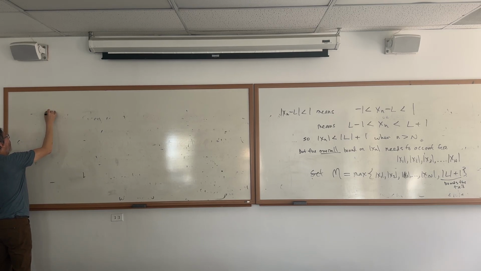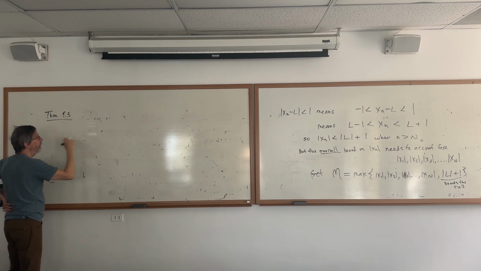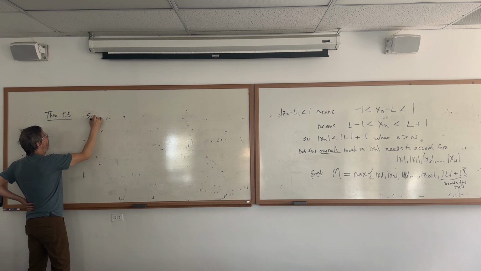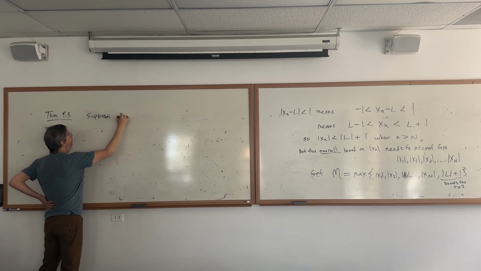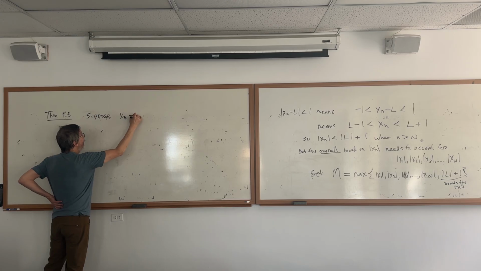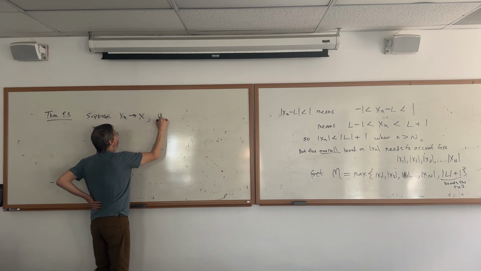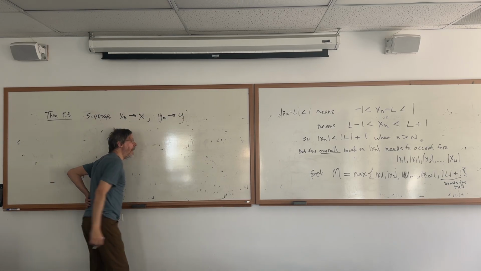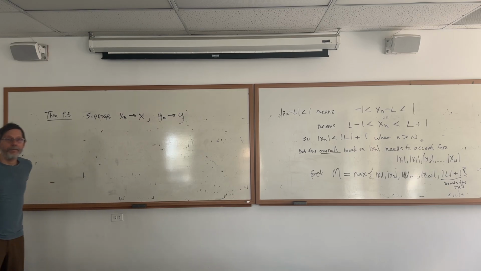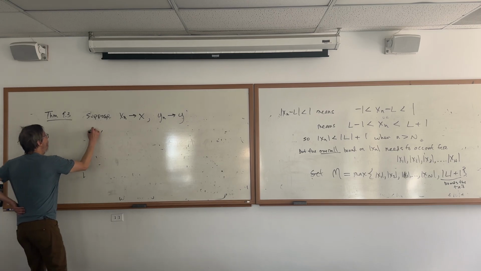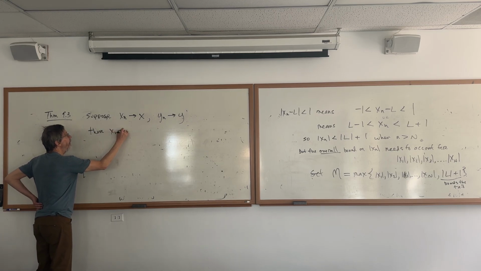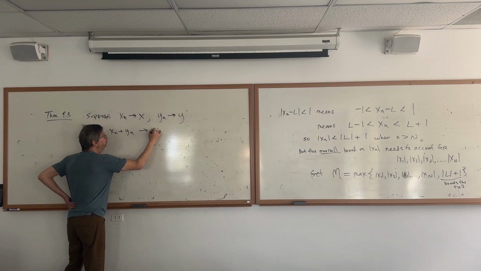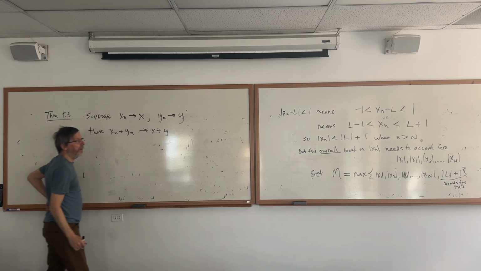So I don't know what theorem this is. Theorem probably 9.3, I guess. Suppose that I've got a sequence x sub n that converges to x, and a sequence y sub n that converges to y. Then the sum of those sequences, so if I add the sequence terms, will converge to the sum of the limits.